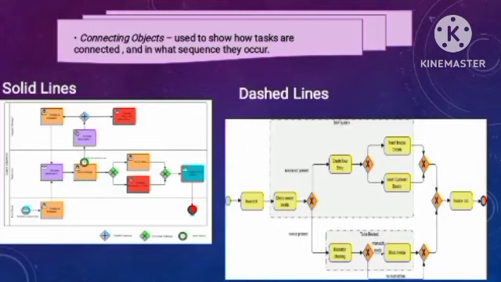The next one, we have dashed lines. They show messages. So please refer to the image that I have provided for you to fully familiarize yourself with the work of the dashed lines or how they look.